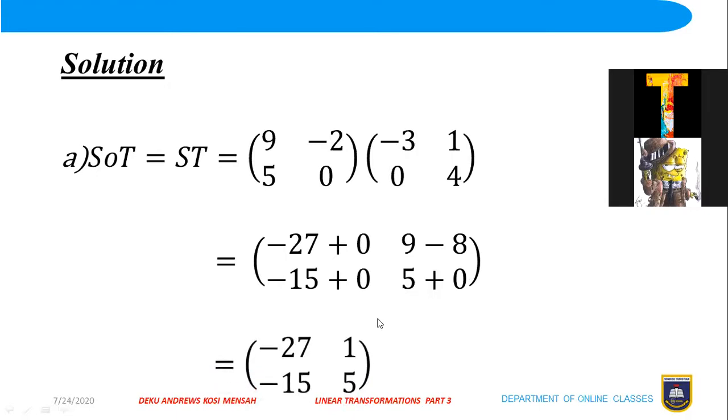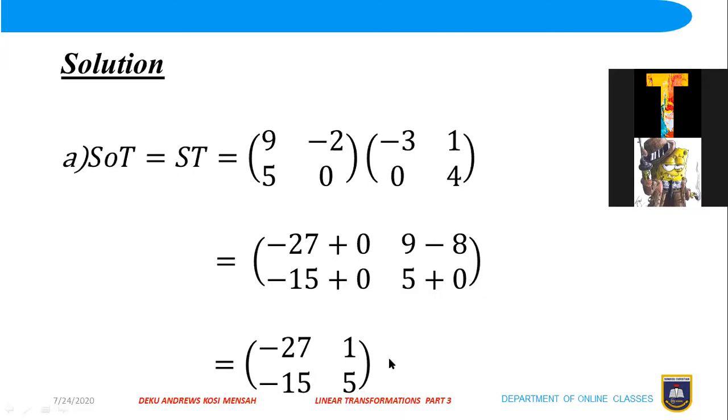If you perform the operation, then we have negative 27 plus 0, negative 27. 9 minus 8, we have 1. Negative 15 plus 0 will give us negative 15. 5 plus 0, we have 5.